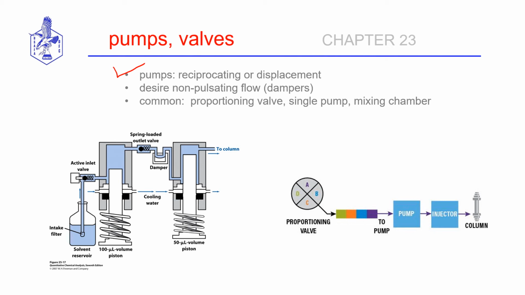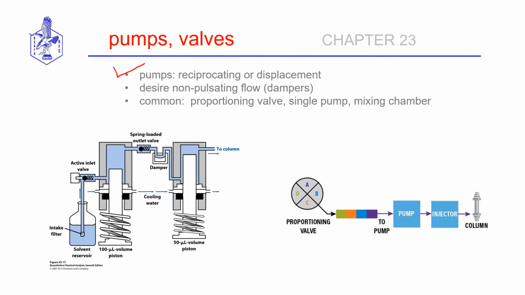So depending on the size of those particles, that dictates the pressures that must be used. If we're dealing with tiny particles, less than 5 microns, we likely need ultra high pressure pumps as opposed to traditional pumps. So that must be taken into consideration when selecting an instrument and its components.